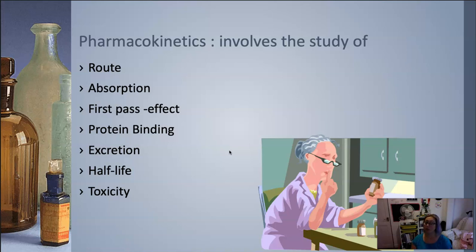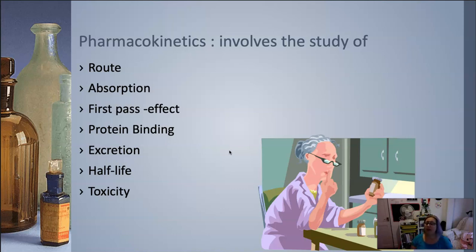So can a free unbound drug have an effect, or does it actually have to be bound with other proteins that are within our circulatory system or within our body before it can have a true effect on the area that it needs to affect? So for an example of this, penicillin is a very highly protein bound drug. So it actually means that we need to have the available proteins within our body for penicillin to actually have a full effect within the body on what it needs to do.